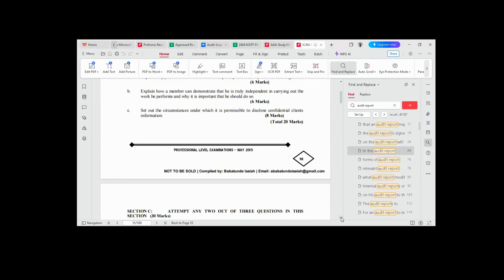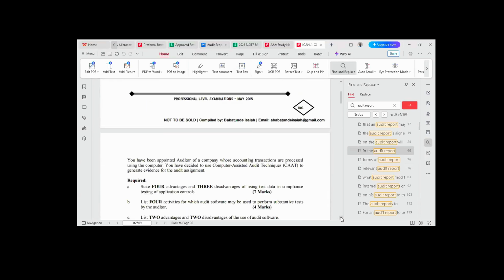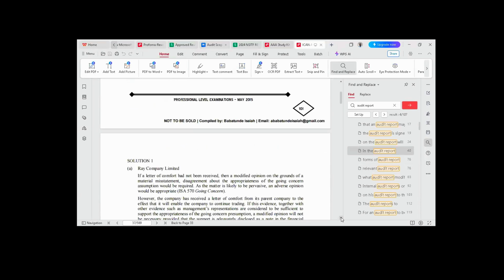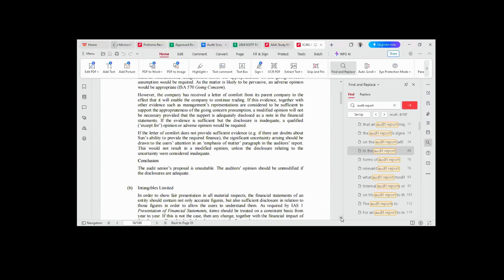Because the letter of comfort shows that the company is okay. The company can continue to trade. So the letter of comfort has made it possible for the auditor to issue a clean or unmodified audit report. That will be the position.